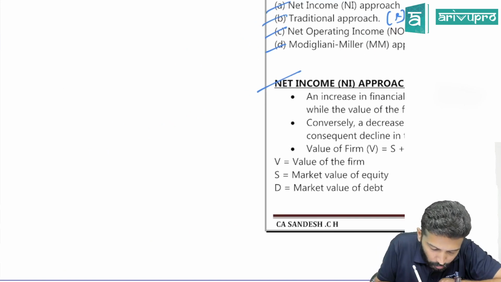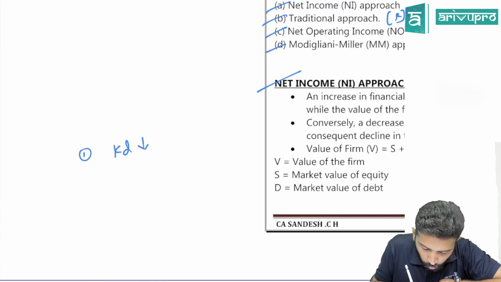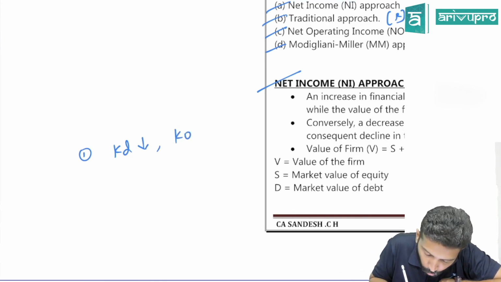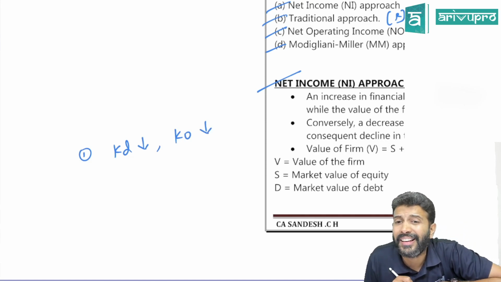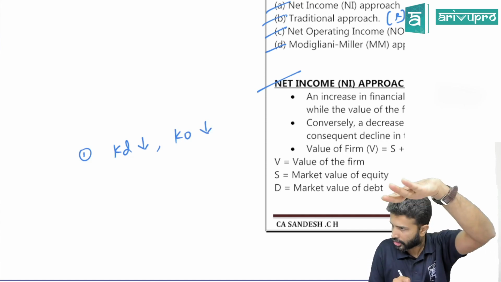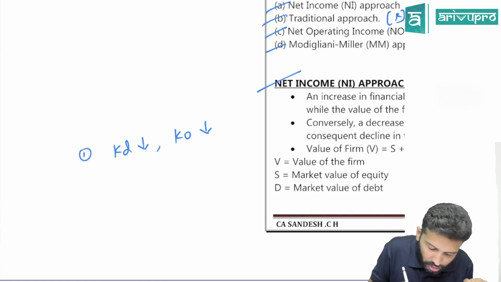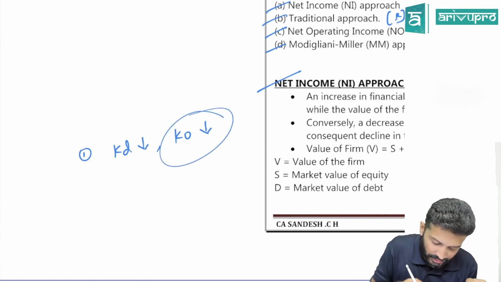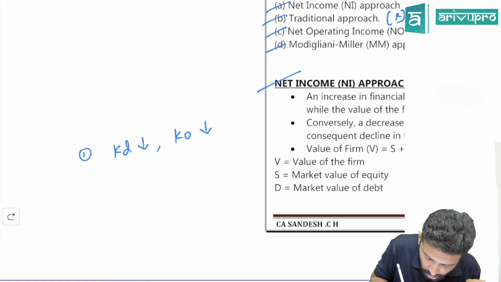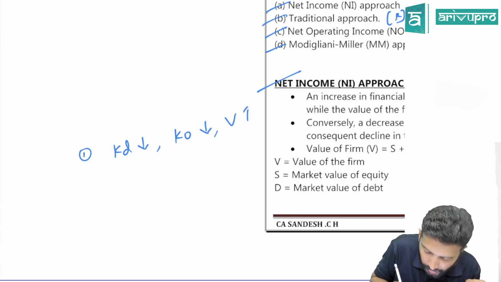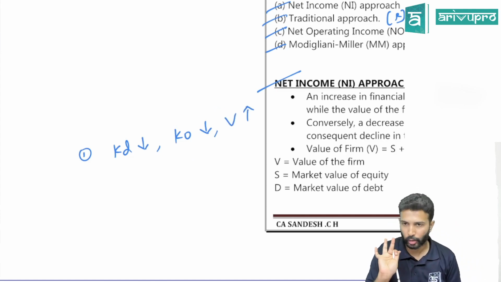Another one: since the cost of debt is cheaper, overall cost of capital will be lesser. If your cost of debt is lesser, your overall cost of capital will be lesser. Because of this, the value of the firm will increase. I'll prove everything, don't worry, with numbers.